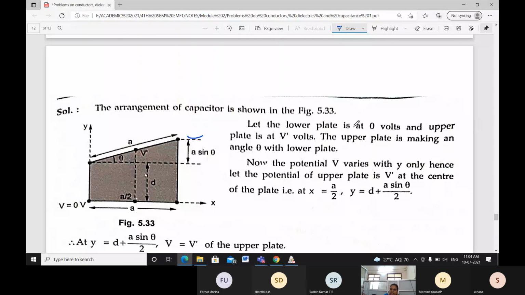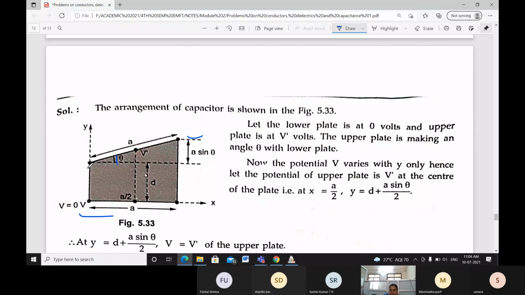Let the lower plate be at 0 volts and the upper plate at V dash volts. The upper plate is making an angle of theta degrees with the lower plate. If I take the parallel, it's the same. Now the potential V varies with y only.